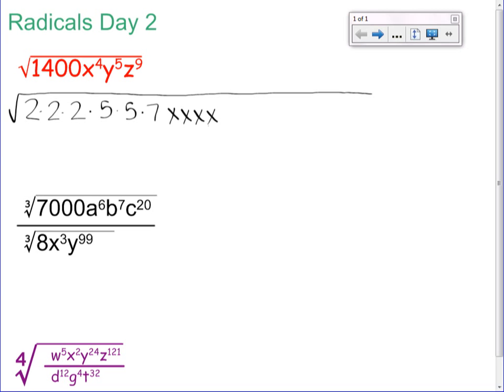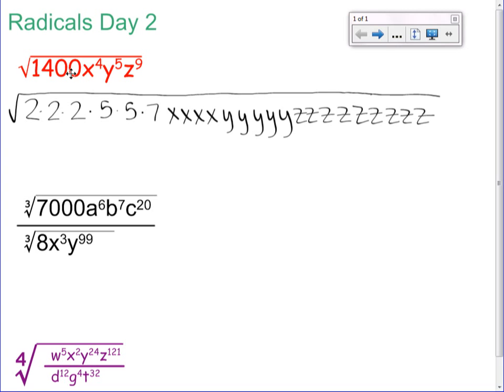So I'm going to write out all of the variables. Okay, so that is the prime factorization of that whole problem. Now, looking back from yesterday, what are we looking for?